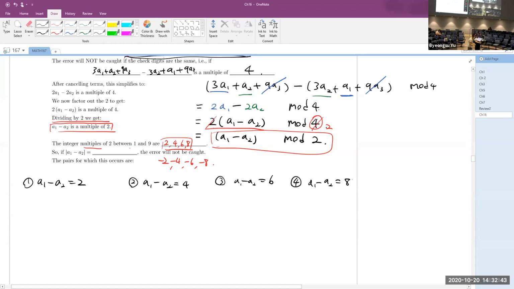So here, the first case is the same as A1 equals A2 plus 2. I just start with A2 again. If A2 is 0, then A1 is 2.